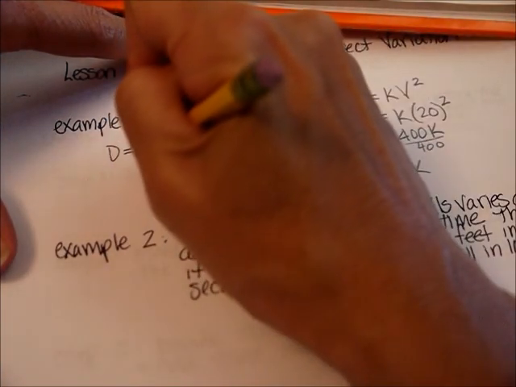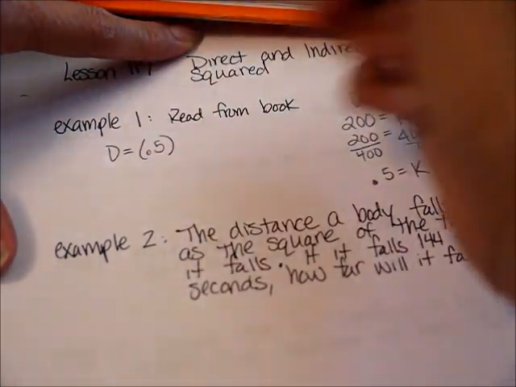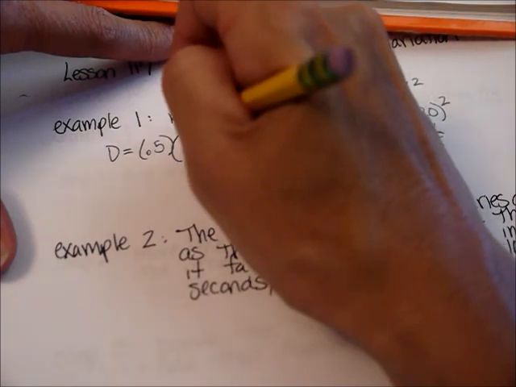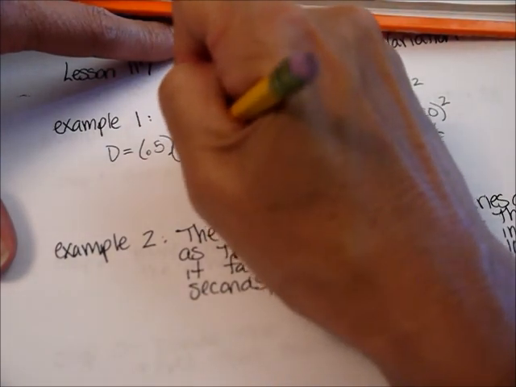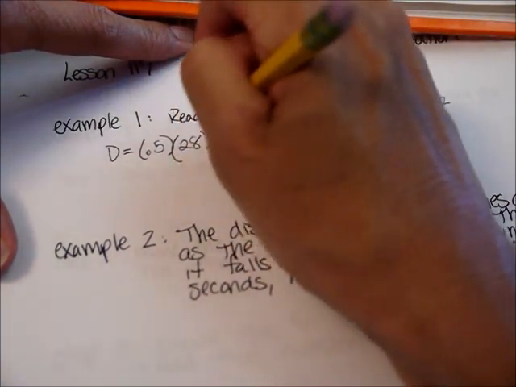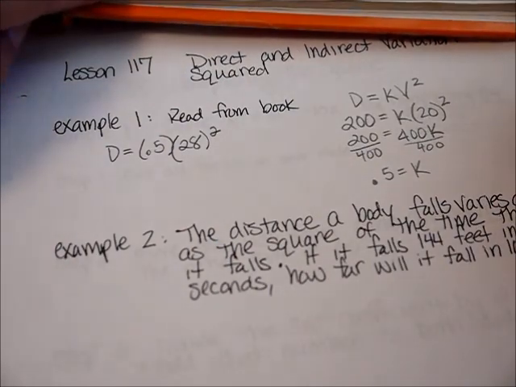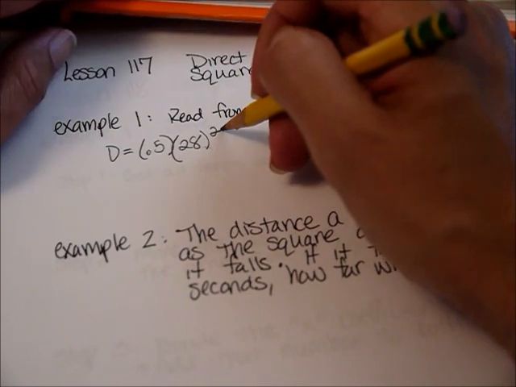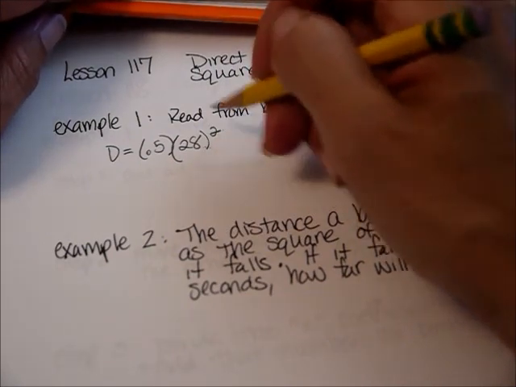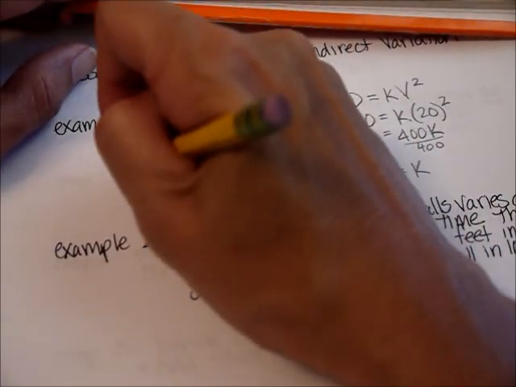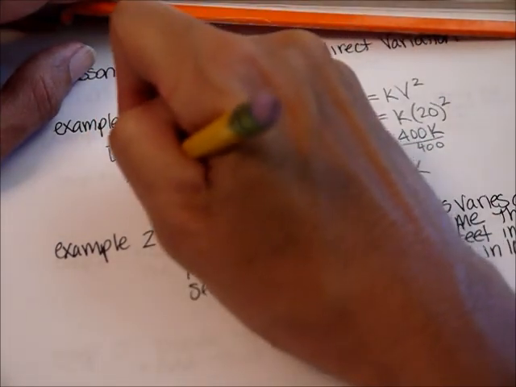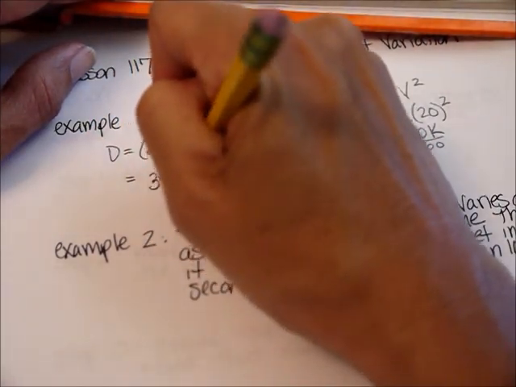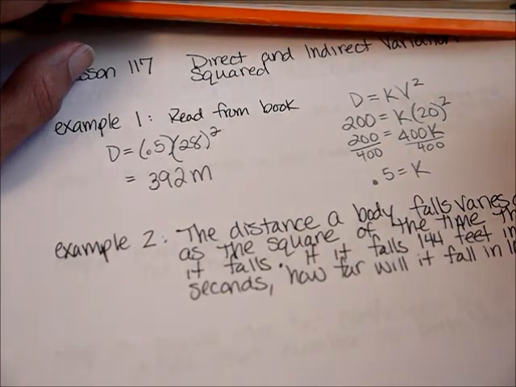Now we know our K. If the velocity is 28 kilometers per hour, we just square that. Don't multiply it by 2. It's 28 squared, and then times 0.5. And when we calculate that out, we get 392 meters.